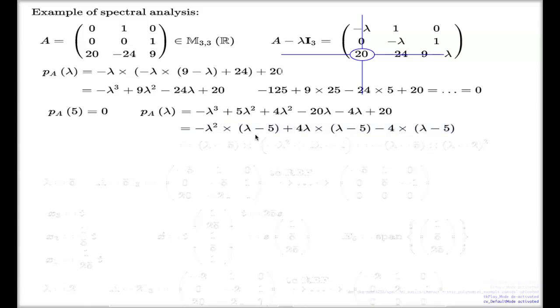You see, in every couple, I have created artificially the bracket lambda take 5. Now if I factor out this artificially created bracket, this is the expression remaining inside: negative lambda squared plus 4 lambda take 4. This is a perfect square, we all recognize that. And the final factorization is like this.